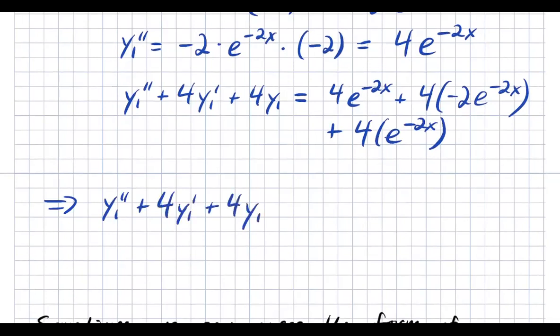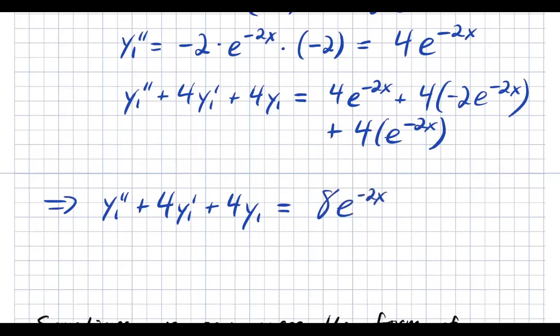So this is going to be equal to, okay, so now what do we have here? It looks like we have 4e to the negative 2x, and another 4e to the negative 2x, and we have another 4e to the negative 2x. In total, that will give us 8e to the negative 2x.